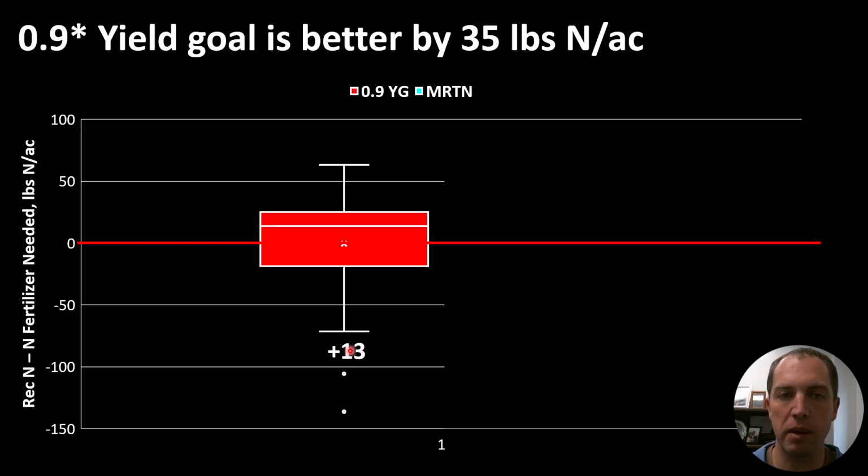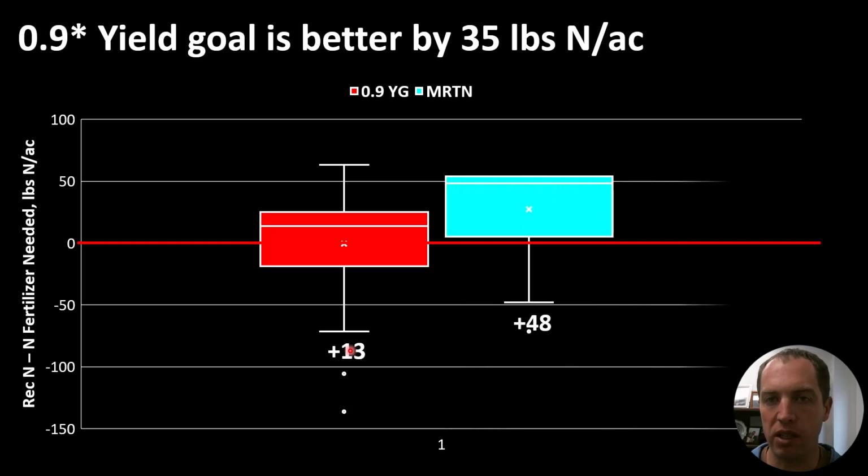So we're over-recommending a little bit. If we compare that to the maximum return to nitrogen recommendation of 54 pounds of nitrogen per acre, we can see that 54 pounds of N is typically an overestimate more often than it is underestimating, plus 48 on average. So that's a big difference. That's fertilizer that we don't need to put in the field that we are putting in the field.